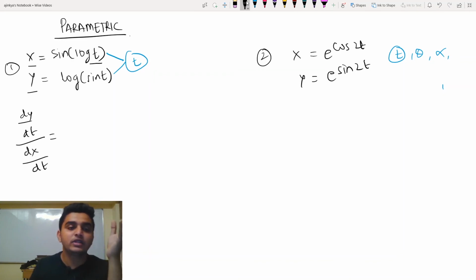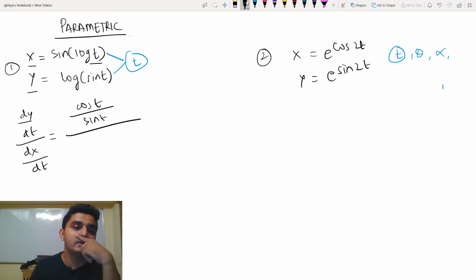But as I know that eventually I have to multiply it, I'll directly first differentiate sine t, which is cos of t, and log of sine t, it is going to be sine t, everything divided by dx upon dt, which is going to be cos of log of t times 1 upon t, because the differentiation of log of t is 1 upon t.